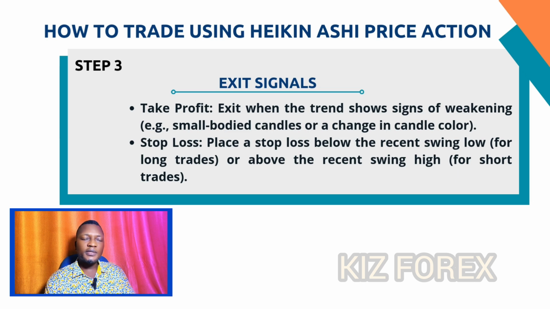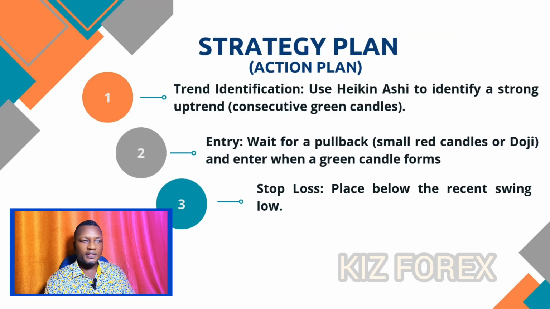When you're trading with Heikin-Ashi price action, your trading strategy should look like this. Action plan. Firstly, trend identification. Use Heikin-Ashi to identify a strong uptrend, consecutive green candles, or a downtrend, which is consecutive red candles. Number 2, your entry and exit.